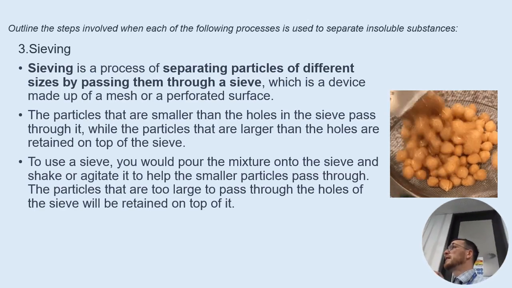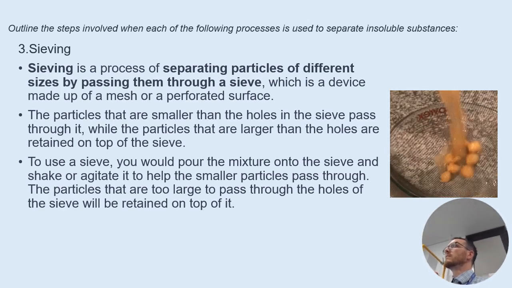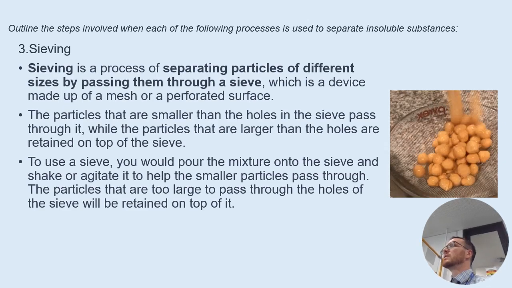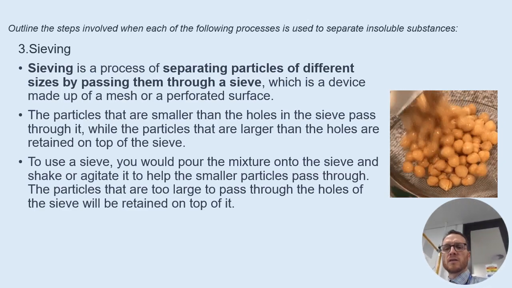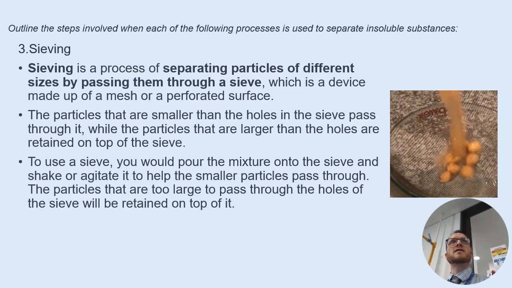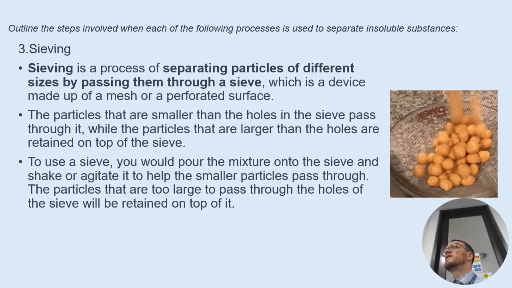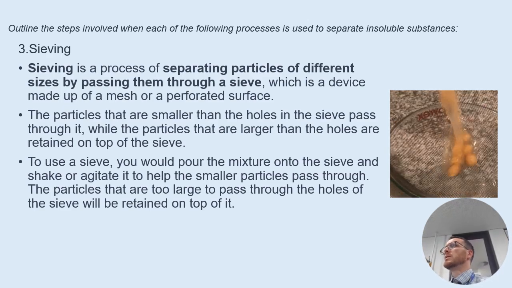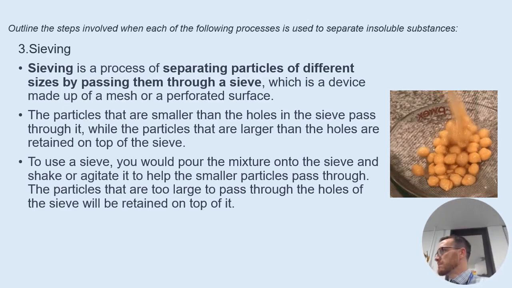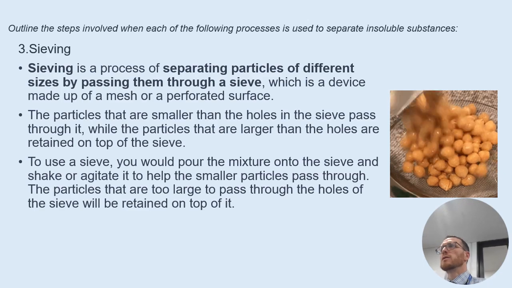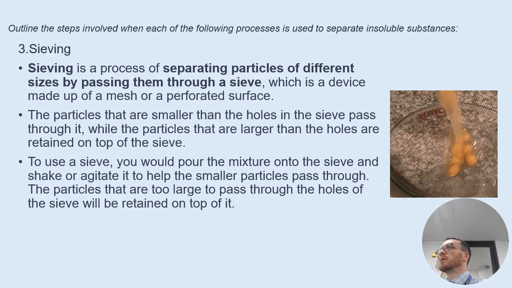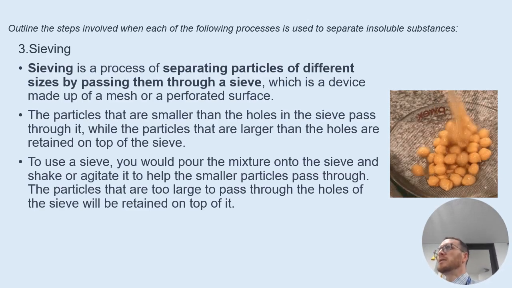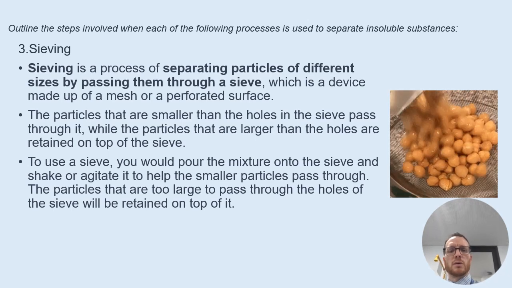You might be draining your tins or your beans, or in this case, chickpeas, right? So the sieve, the mesh, retains the solid substance while the liquid is able to drain through.